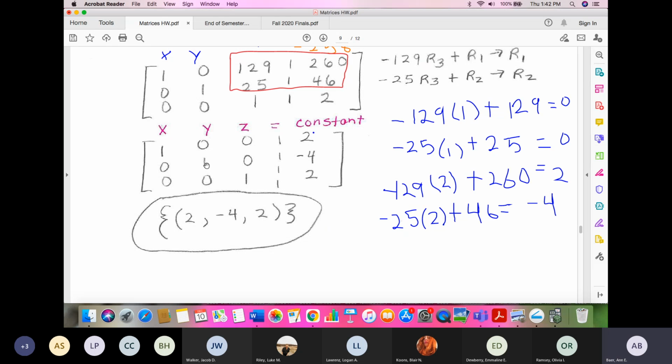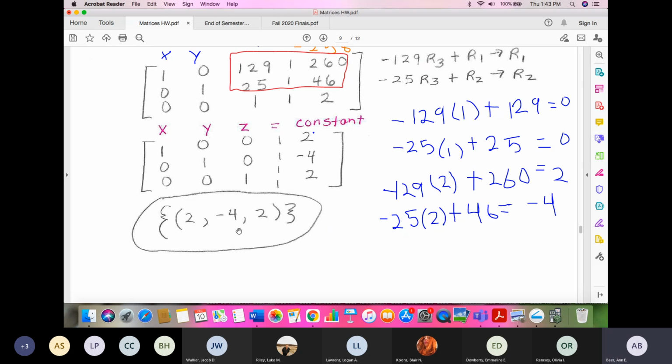So we just have y equals -4. That's why the -4 is here. And going to the third row, we have no x's, no y's. We have 1z. 1 times z is z, equals 2. And that's the reason why the 2 is in the z position.